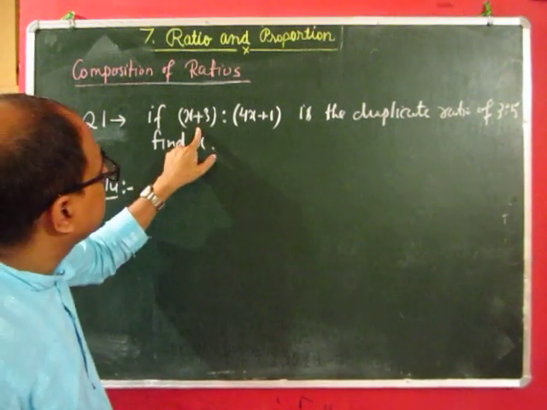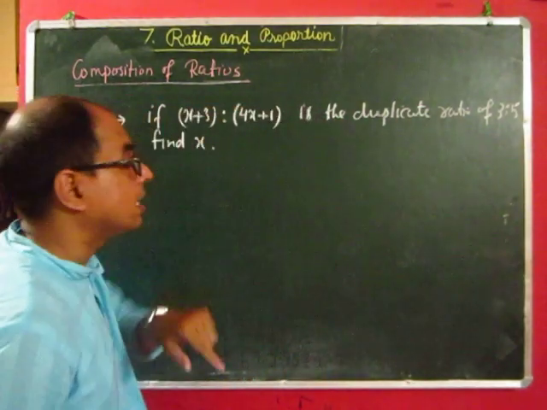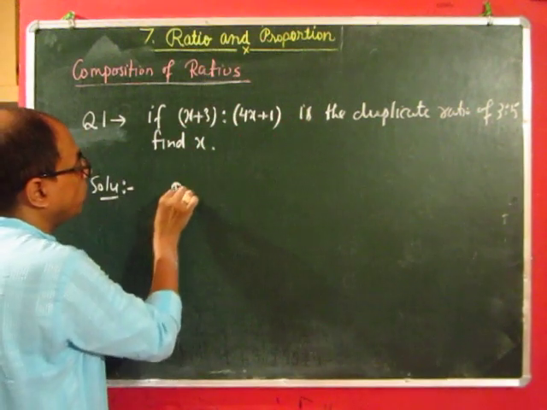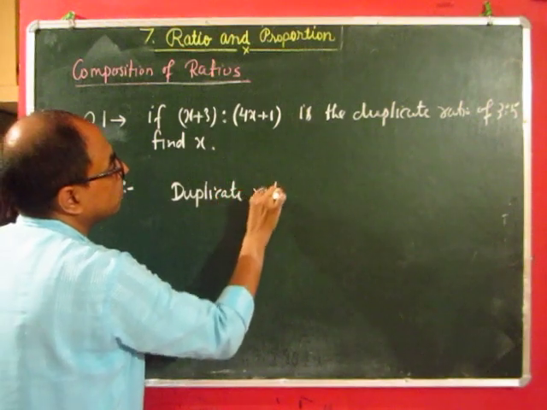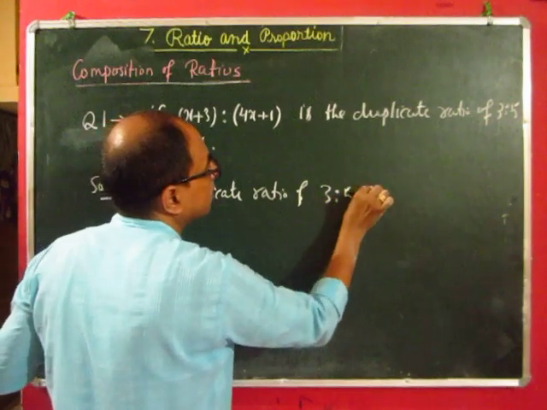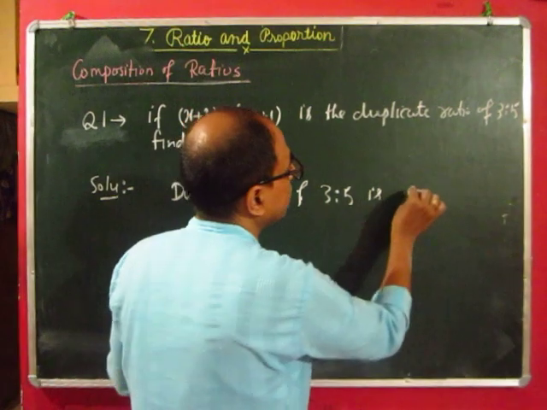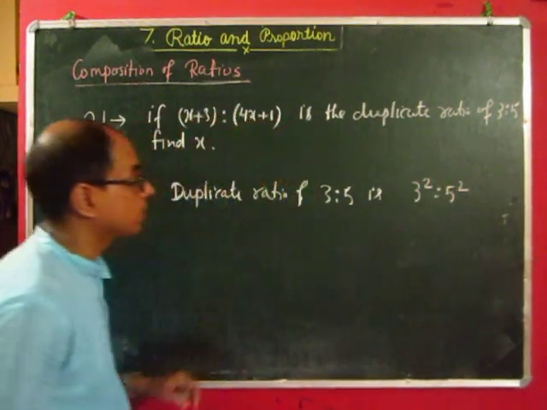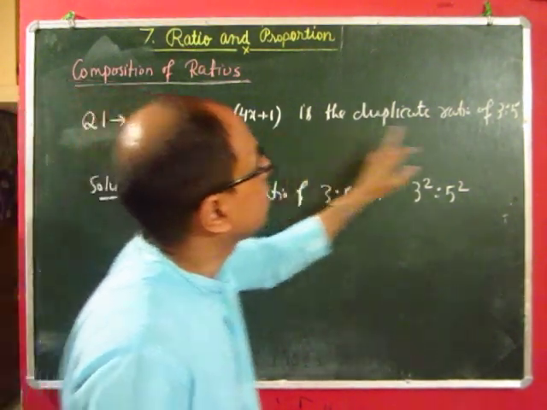X plus 3 is to 4x plus 1 is the duplicate ratio of 3 is to 5. The duplicate ratio of 3 is to 5 will be 3 square is to 5 square. In the question it is given that this one is the duplicate ratio of 3 is to 5.